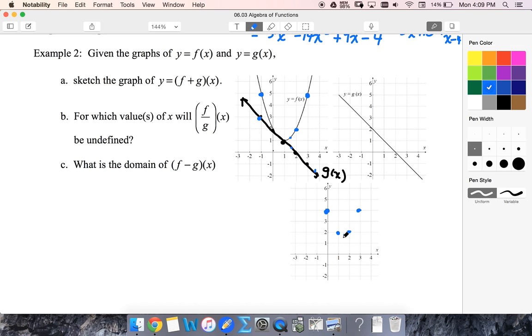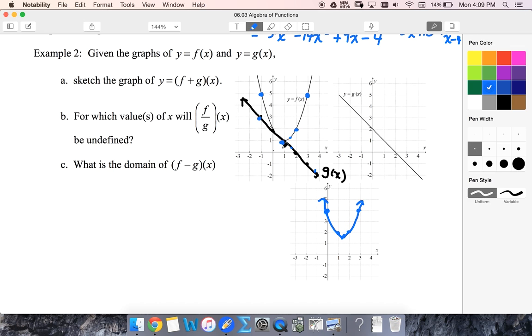So I'm going to be somewhere in this area. And so I've got another parabola that's been shifted over. So not only did we go from a vertex of 1, 1 and shift over to 1.5, we've also shifted up some. So let's go look on Desmos to verify this.